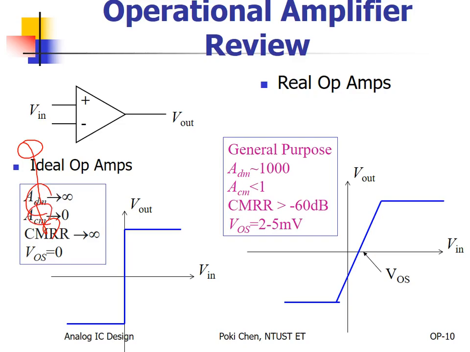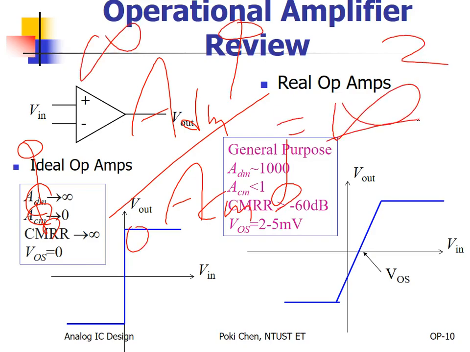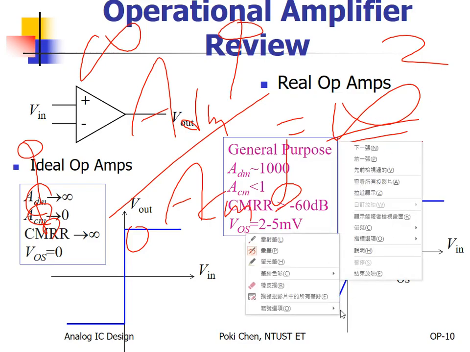We hate to amplify the common mode voltage, right? So we compare your ADM to your ACM. This one as small as possible, that one as large as possible. In theory, infinity and 0 means infinity. Very good. But that is only in theory. How about in practice? Okay, let's go for our real lives.